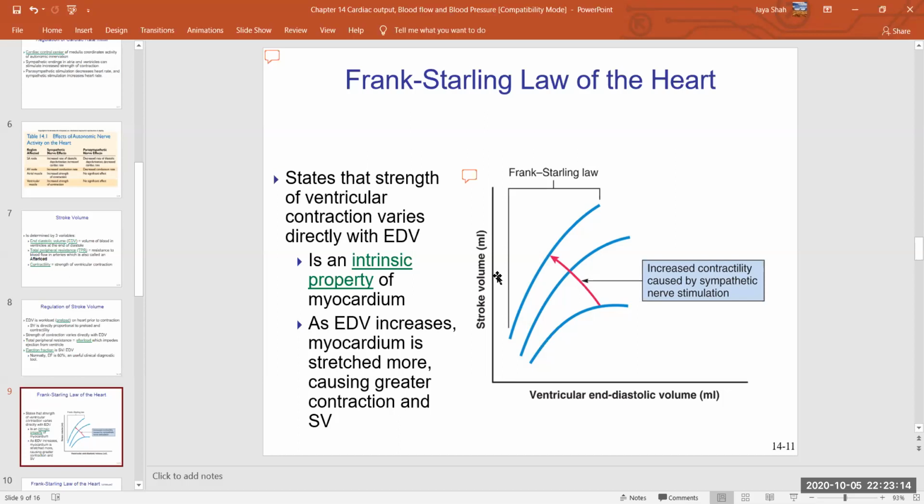So if you draw a line, let me draw a straight line here. So at this volume, for the lower graph, this is the stroke volume.